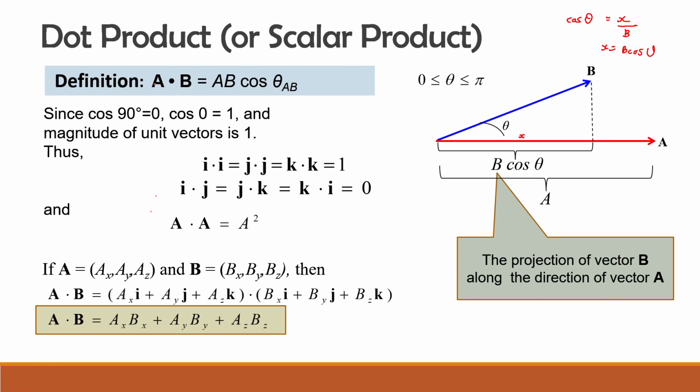Since we know the dot product A dot B is AB cos theta, after you get the dot product, you can find the magnitude of vector A and vector B. Then cos theta is A dot B divided by magnitude A times magnitude B, so theta is arccos of A dot B divided by magnitude of A times magnitude of B.